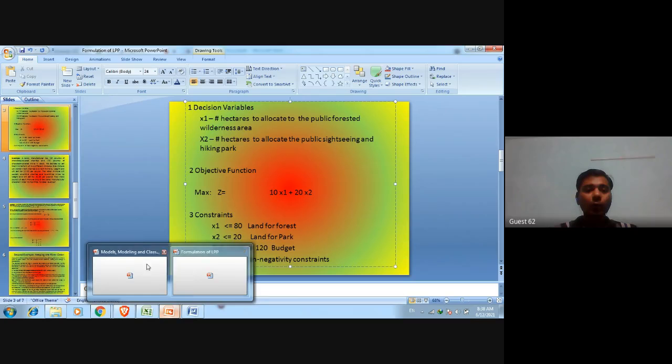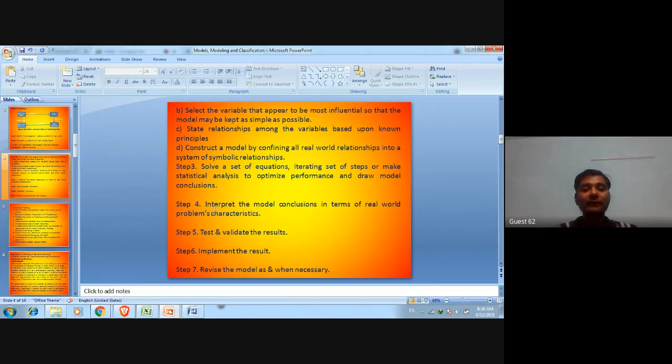Okay, now what you have to do, that is step 4. Now you have to interpret the model conclusion in terms of real world problem characteristics. Okay, the numbers or symbols that you get after solving your model, you have to interpret that solution.